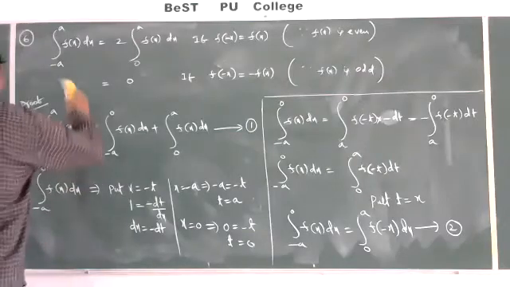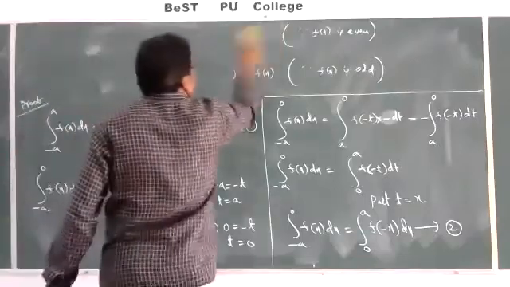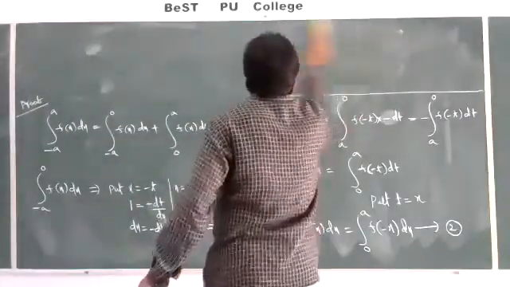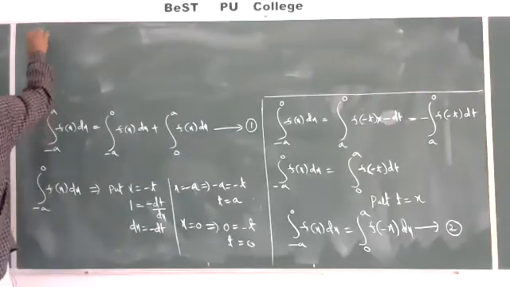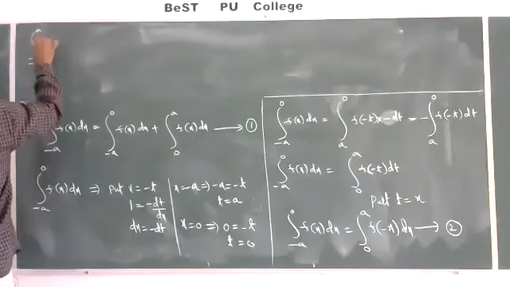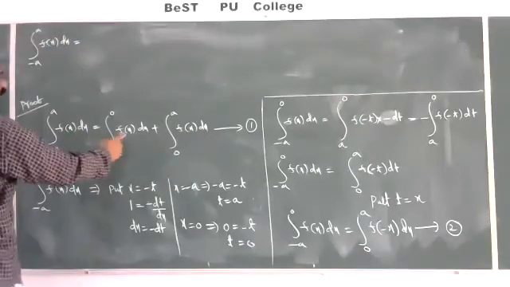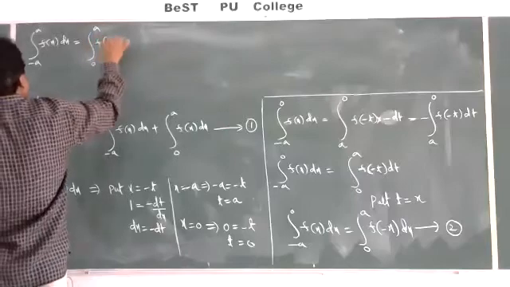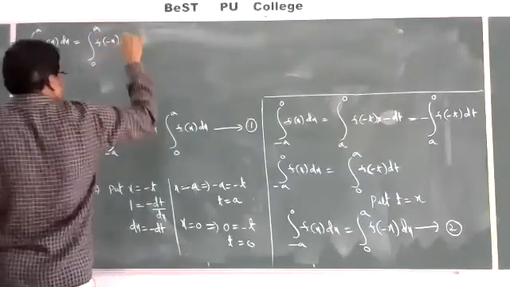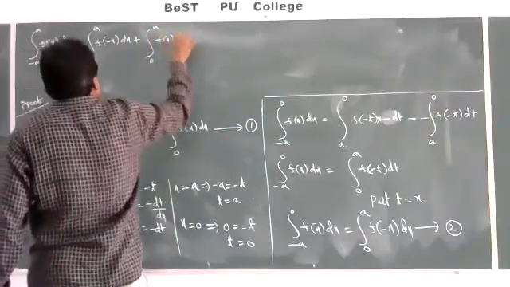Substituting from the second equation, the integral from minus a to a of f of x dx is equal to the integral from 0 to a of f of minus x dx plus the same integral from 0 to a of f of x dx.